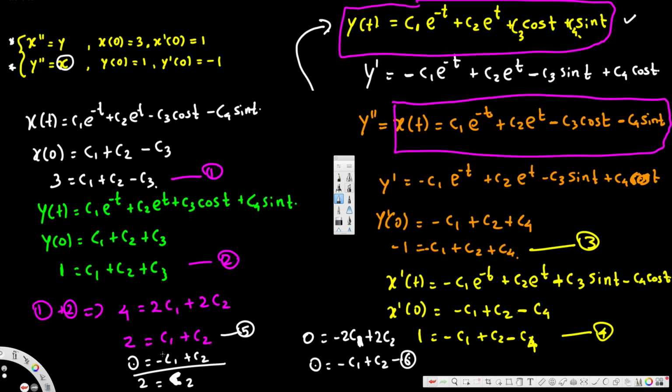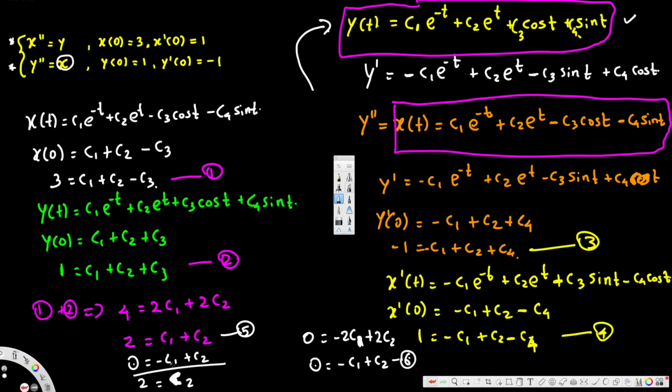Let's double check. c2 is equal to 2. Let's see what we get for c1. c1 plus c2 is equal to 2. There's a mistake here.